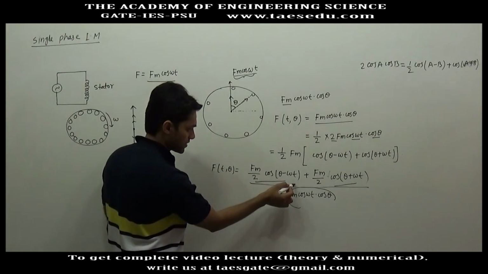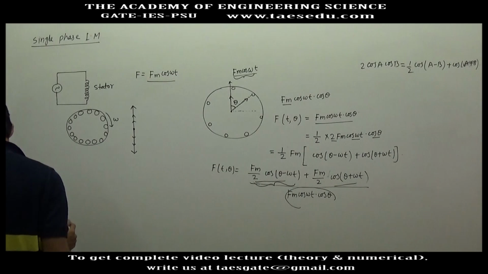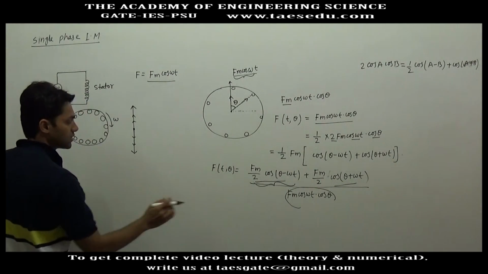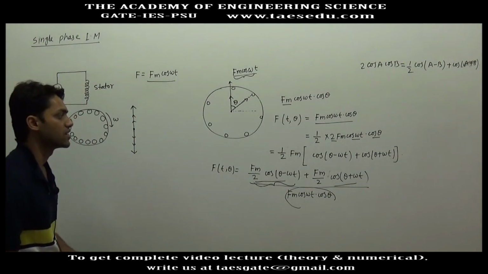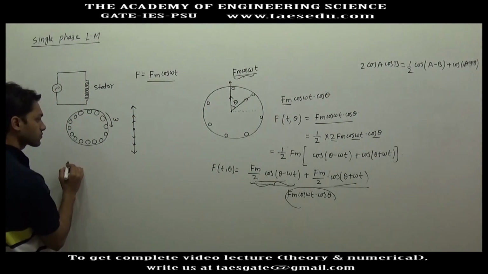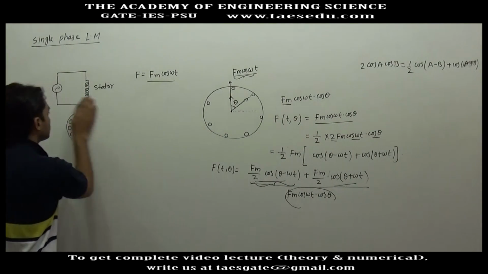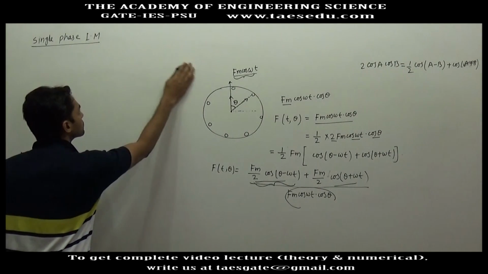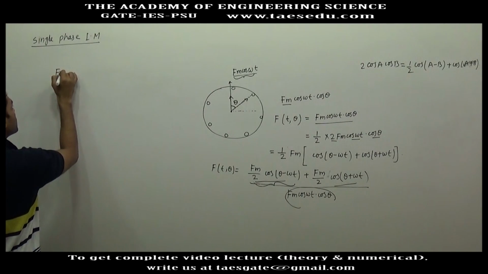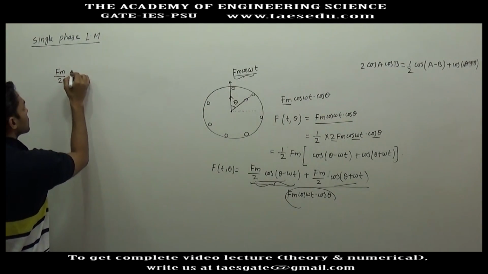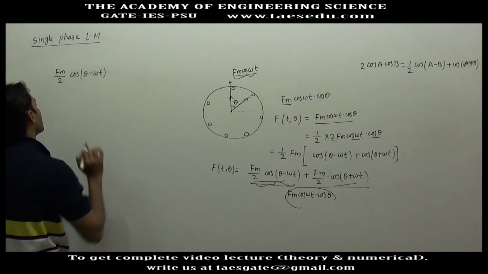Now if we separately analyze this part, the first part of the space variation and time variation of magnetic field is Fm by 2 cos(theta minus omega t).